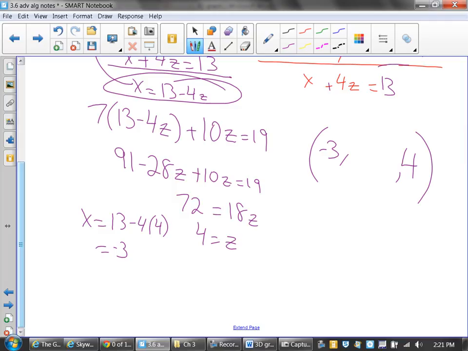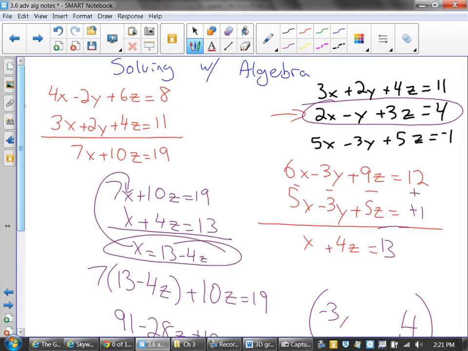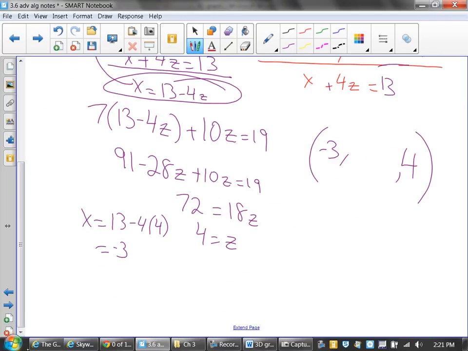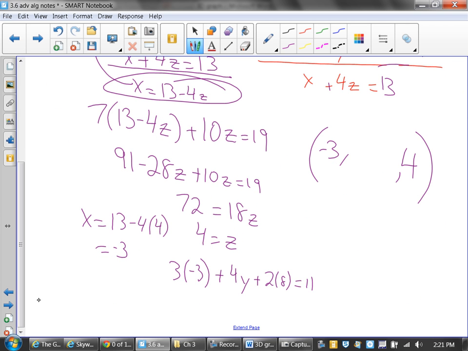I just keep going. I know what x and z are, so I go all the way back up top to one of the first equations. Does it matter which one I substitute in to figure out what y is? No. So 3x plus 4y plus 2z was 11, I believe.